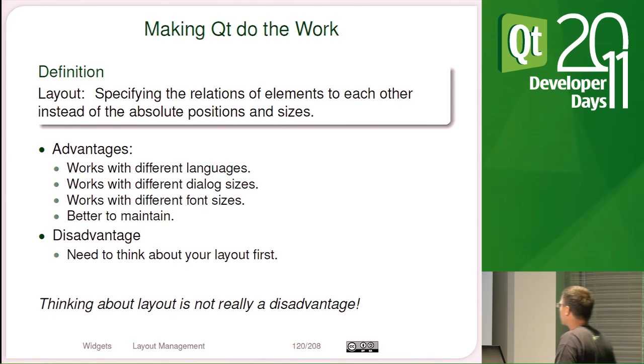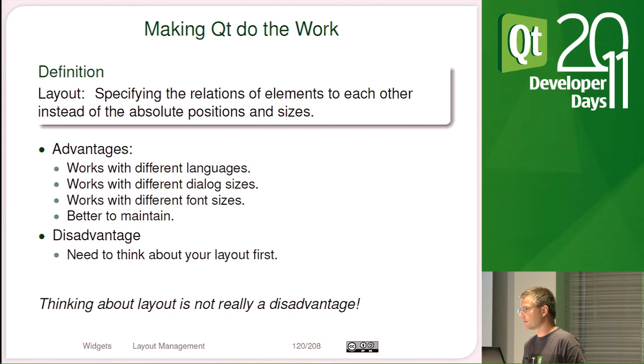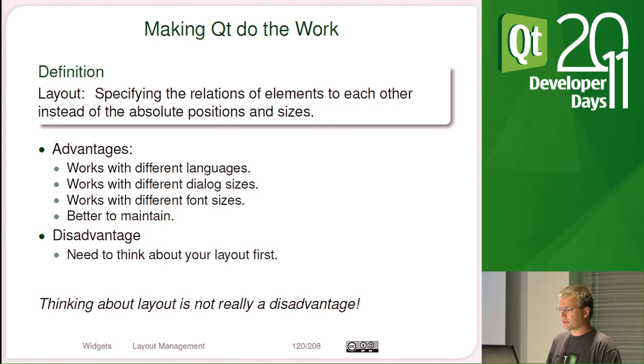Of course, the big advantage is that it handles everything automatically. It handles different languages, different dialog sizes, different resolutions. You never know what your client is using, which hardware, which screen resolution. And the usage of layouts is much better to maintain.